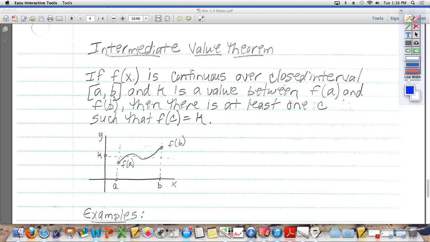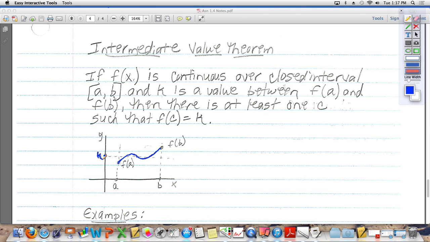So what does that mean in English? It means that we have a graph here, for example, a graph that is continuous over closed interval a b. And I have this value, and if you didn't draw this in your notes, you need to have a value of k over here on the y-axis.